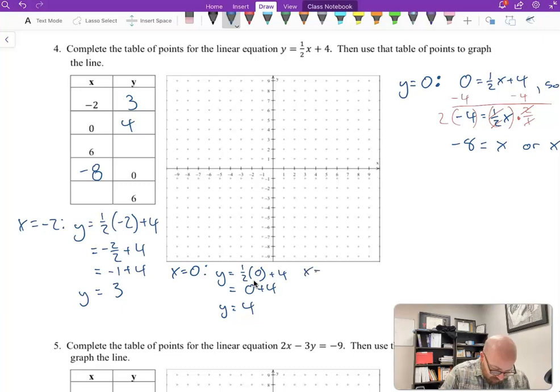For x equal to 6, we have y is equal to 1/2 of 6 plus 4. Half of 6, or 6 divided by 2, is 3. And 3 plus 4 is 7.